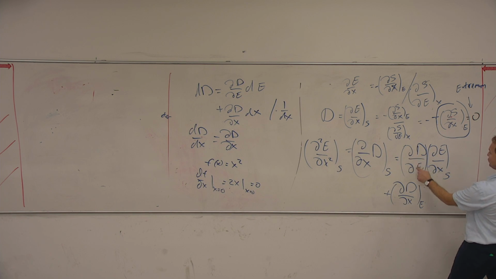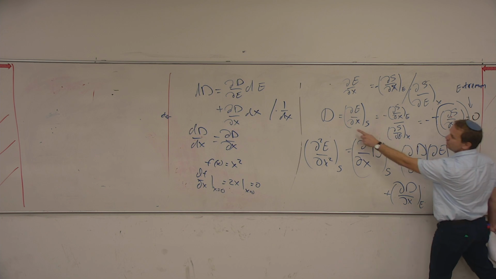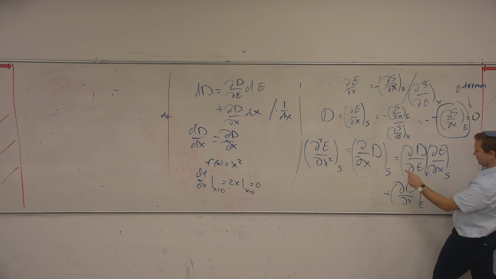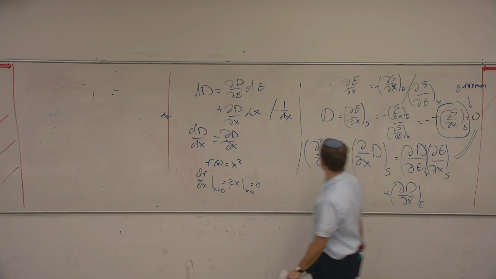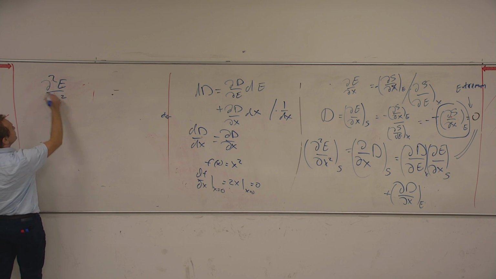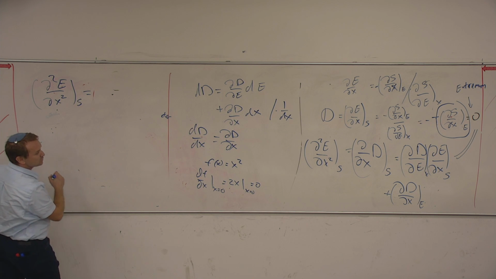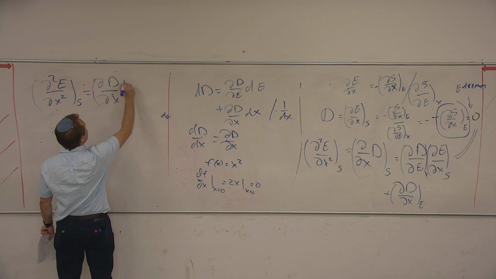We have the derivative of E with respect to x, and we know that this is 0. Look at this term. We proved that dE/dx, this term, equals 0. So what we've got so far is that the second derivative of E with respect to S equals the first derivative with respect to x and E.